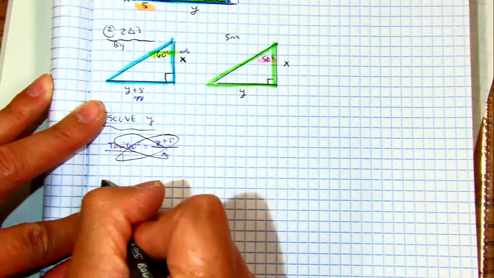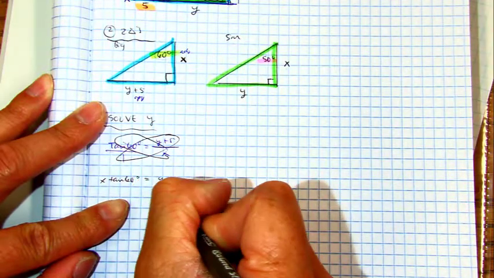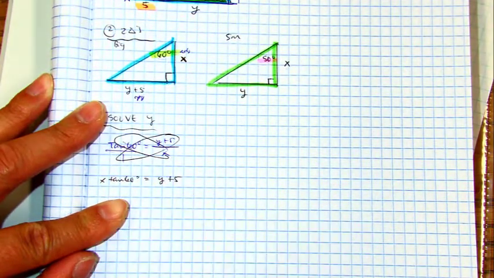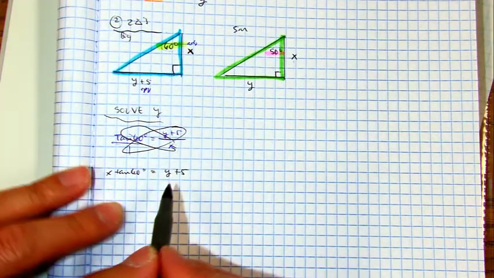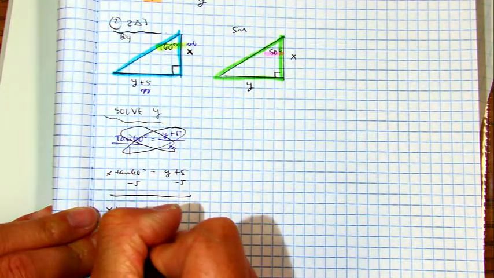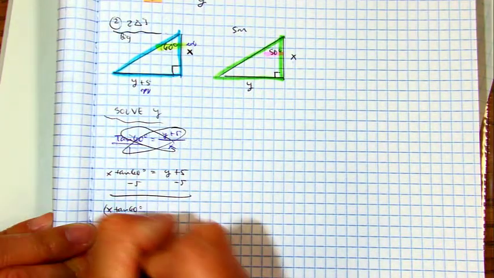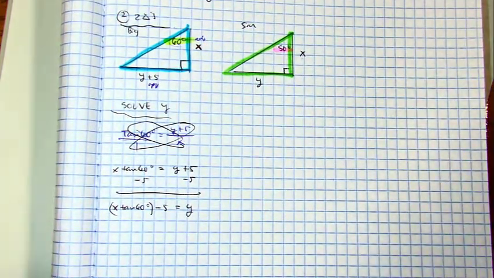I'm going to get x times tangent of 60 equals y plus 5. And then if I want to solve for y, I'm just going to subtract 5. So I have x times tangent of 60 degrees, those are by multiplication, and then subtracting 5, that equals y. Raise your hand if you got that. Uh-oh.